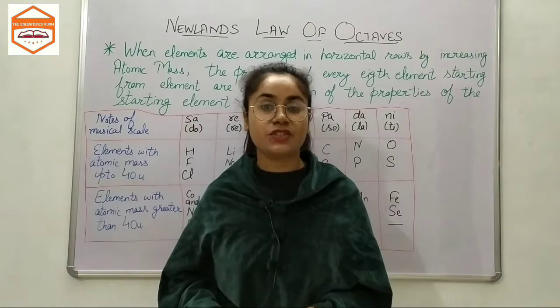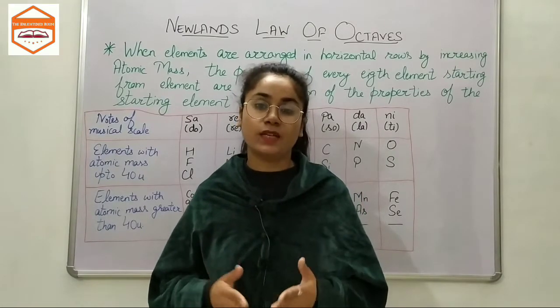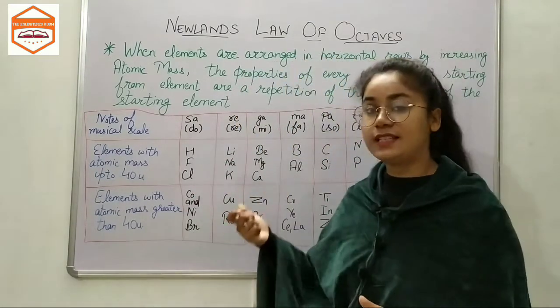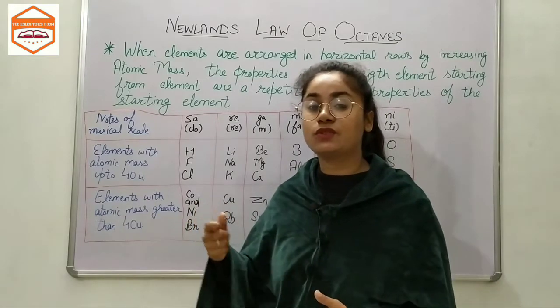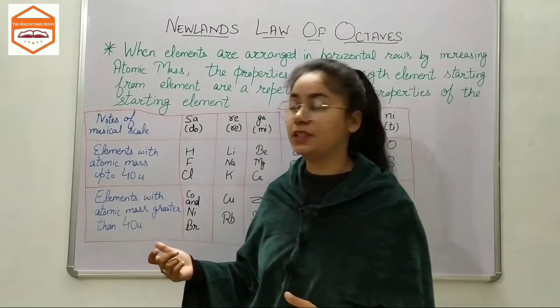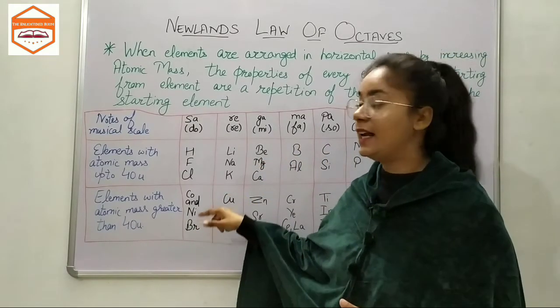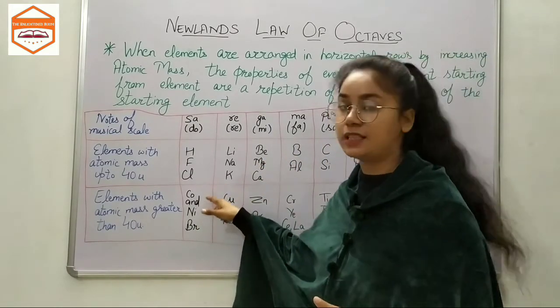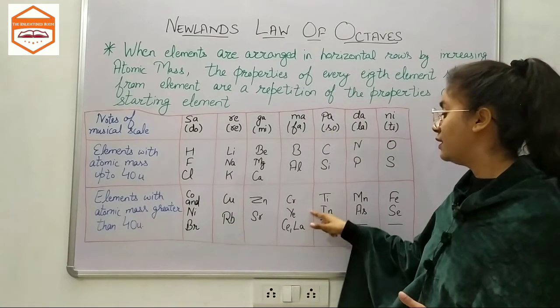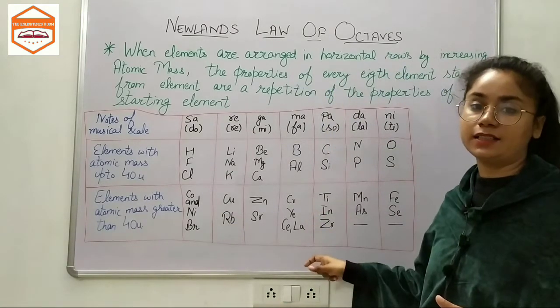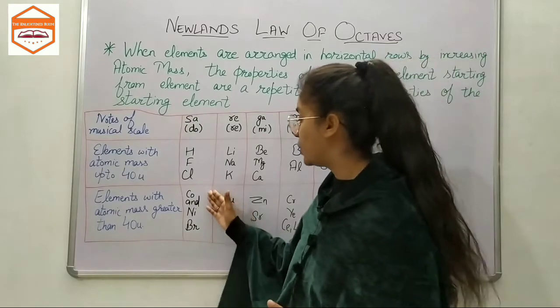The third limitation of Newlands' Law of Octaves was that in order to fit the elements in his table, he put two elements in one slot, and even those elements were not similar in properties to the other elements. You can take a look here.